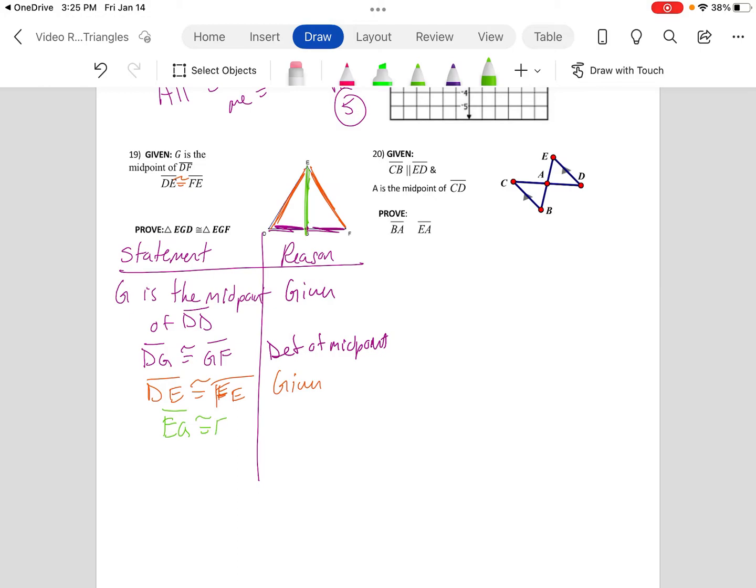That is reflexive property. And now I have 3 things. So I know triangle EGD is congruent to triangle EGF. I said side, side, congruent here.